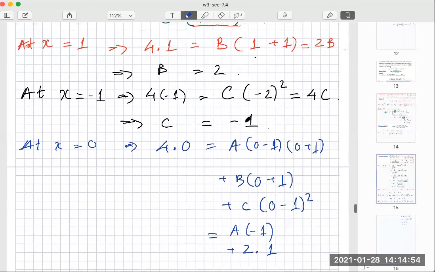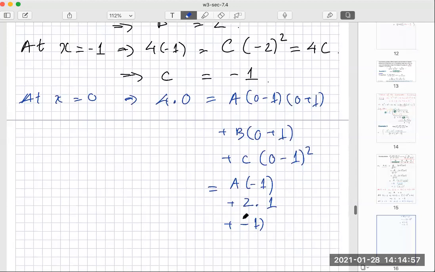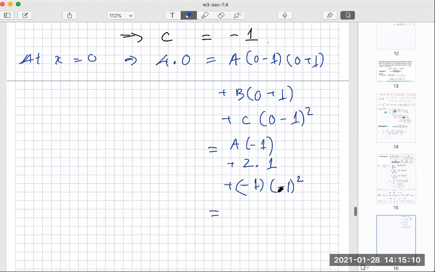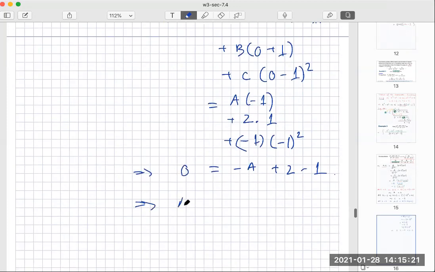And C here is -1 times -1 squared, right? -1 squared gives us 1 here. So it would be minus A plus 2 minus 1 equal to 0. Then what is A? Good job. Okay. We found A, B, and C.